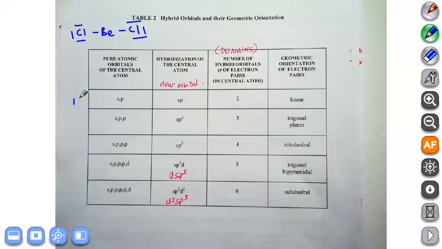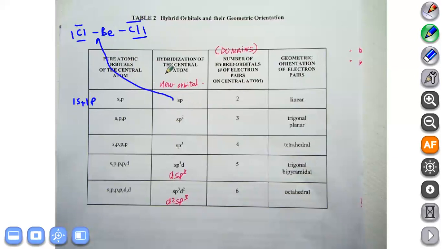So you take one s and one p and you mix, hybridize. So when you mix them, hybridizing, you end up getting a new orbital. It's not an s orbital, it's not a p orbital, it's called an sp orbital. And you get 2 equivalent sp orbitals.